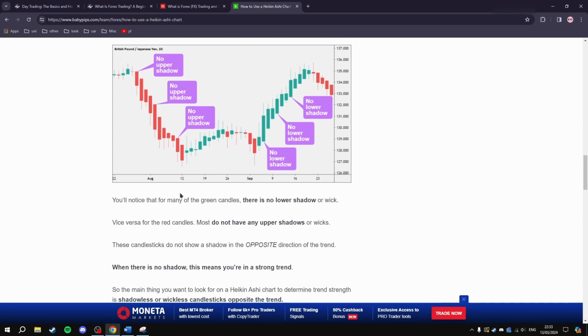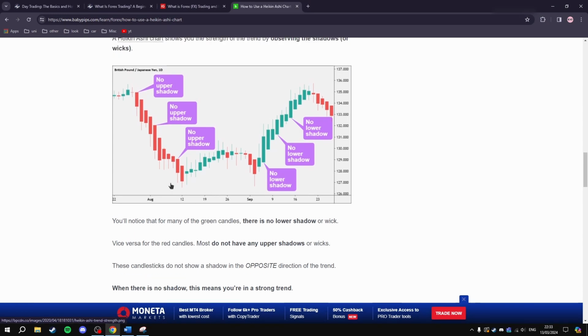You'll notice that for many of the green candles there is no lower shadow or wick. Vice versa for the red candles, most do not have an upper shadow or wicks.